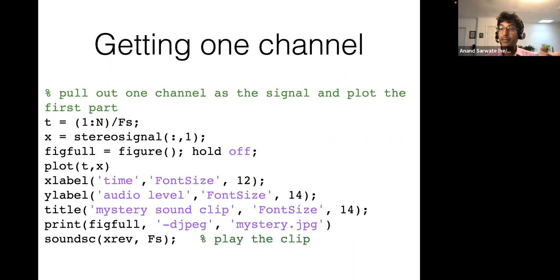This is going to be the time axis for continuous time. I'm going to look at all the discrete time samples. There was around 296,000. Capital N was 296,000. So I'm going to take that, and then I'm going to divide by the sampling rate, and 1 over the sampling rate tells me the number of samples per second, and so this will give me the time axis measured in seconds.